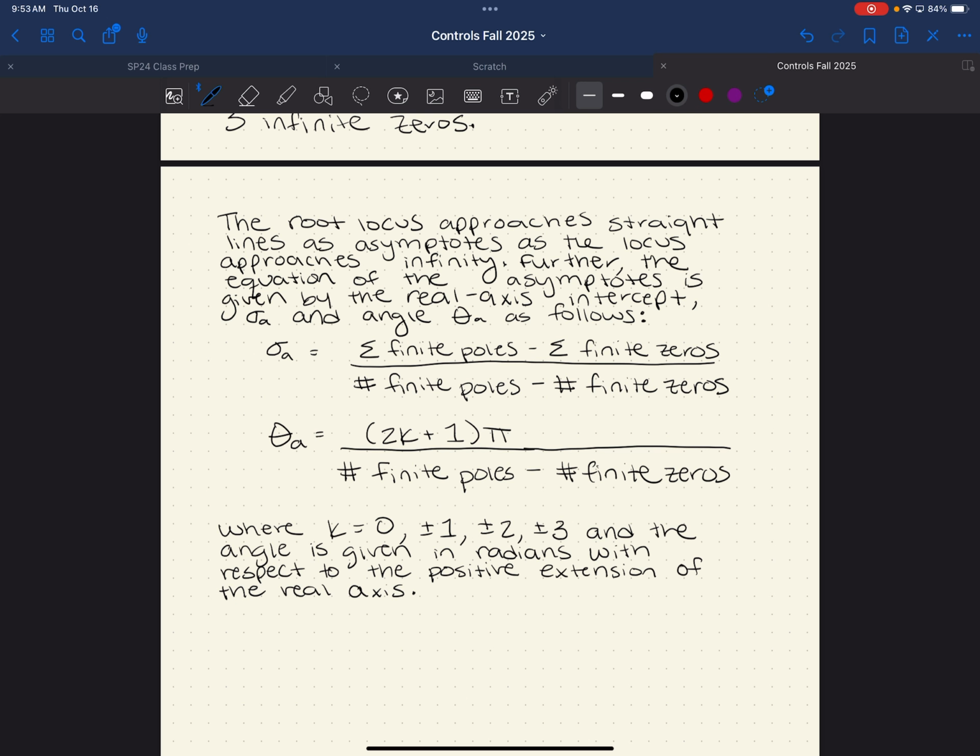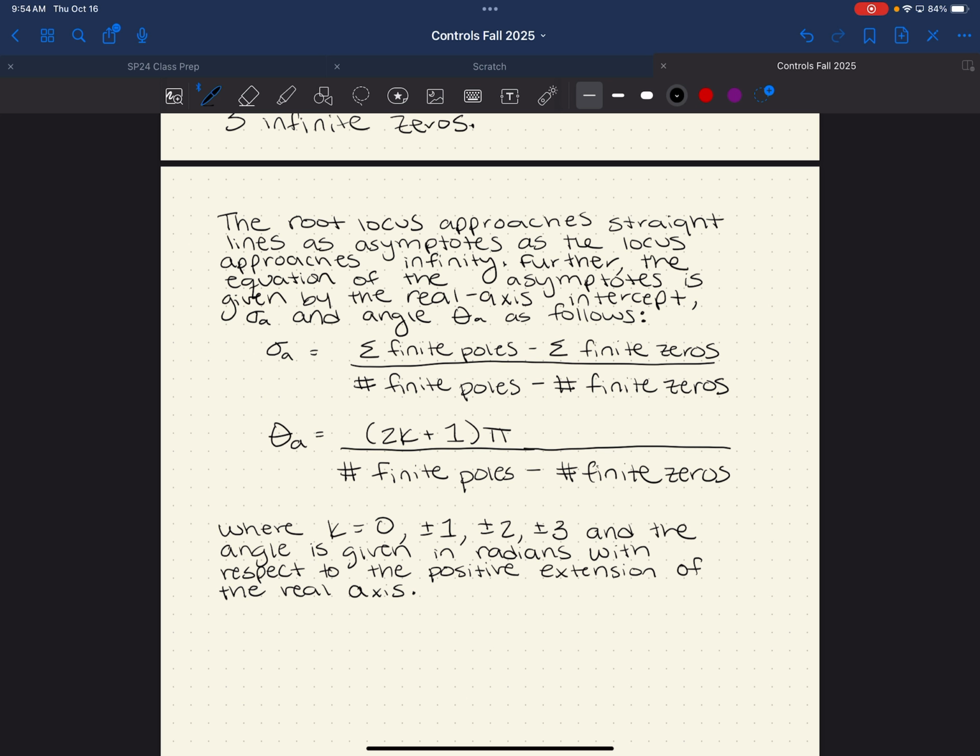The root locus approaches straight lines as asymptotes as the locus approaches infinity. Further, the equation of the asymptotes is given by the real axis intercept, sigma A, and angle theta A, as follows. So you have two equations. Really, it's just plug and chug here.